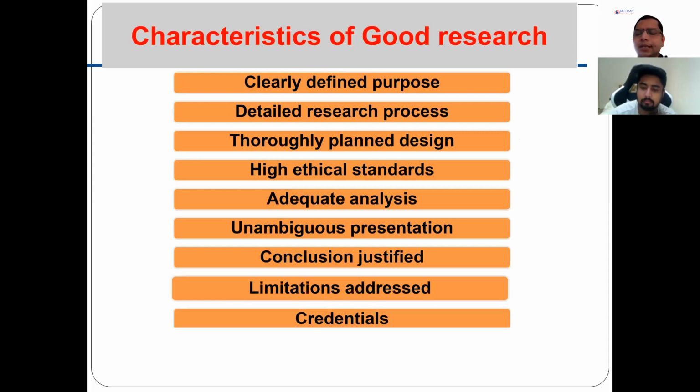Now, what are the characteristics that make a good research or good dissertation? You need to define your purpose clearly. So in your chapter 1 or introduction, when you introduce your topic, you need to write the purpose. You need to clearly identify the purpose of your research. You need to detail the research process.